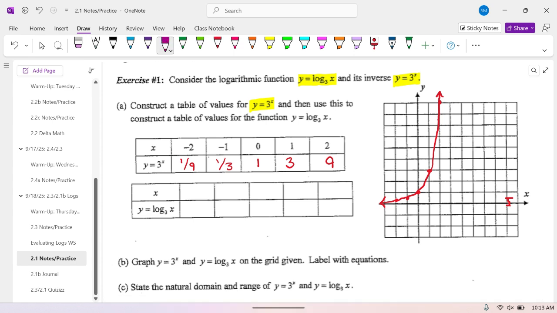So the x-axis is where my horizontal asymptote is. What is that in terms of y? So y equals what number? What type of y values would be at the x-axis? If you were plotting a point and that point was on the x-axis, it has a y value of what? 0. So y equals 0, that's our horizontal asymptote.